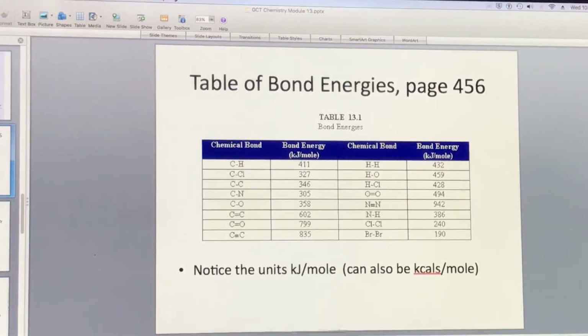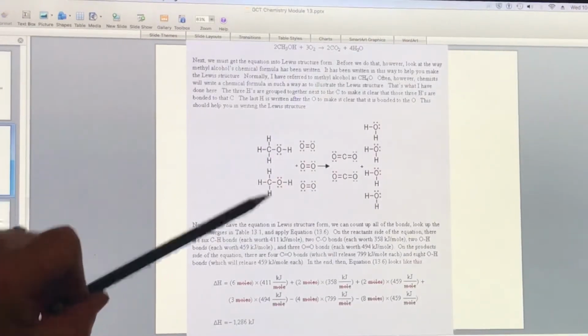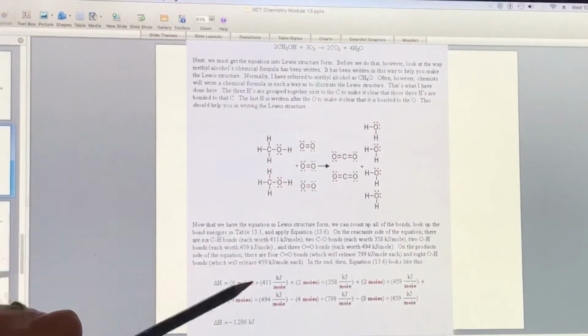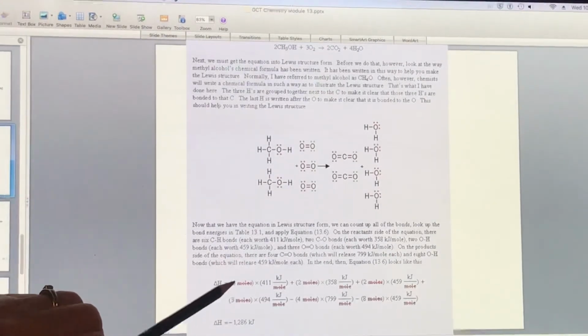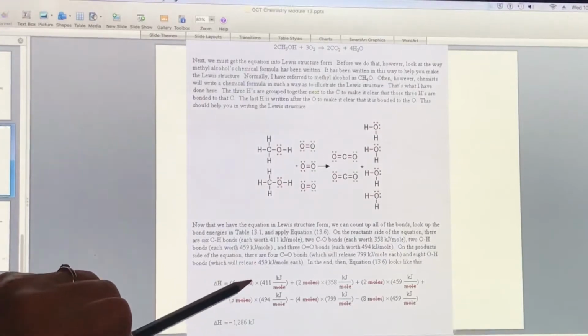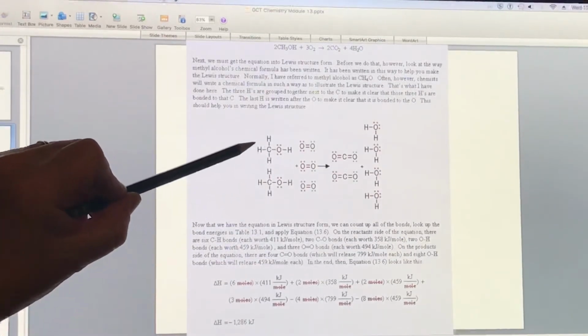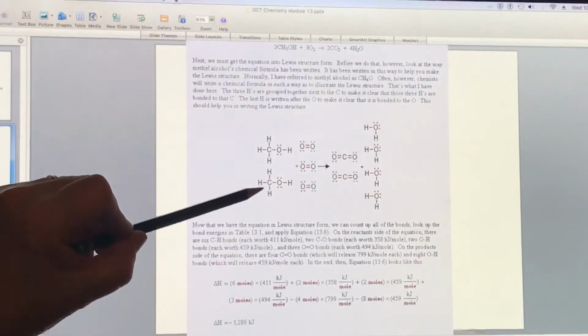then carefully record the different numbers of each bond and multiply it by the bond energy for each one. So for example here, for the CH bond, the carbon hydrogen, we count on the reactant side, we have 6 of those. 1, 2, 3, 4, 5, 6.